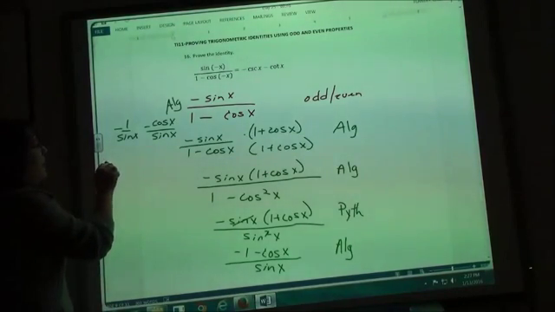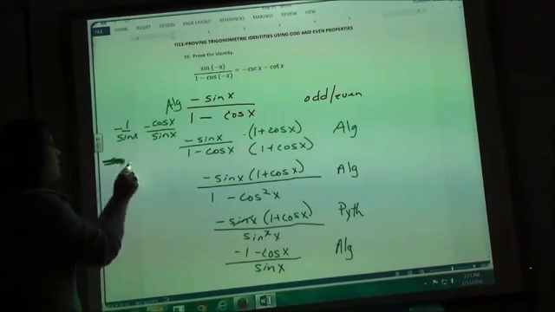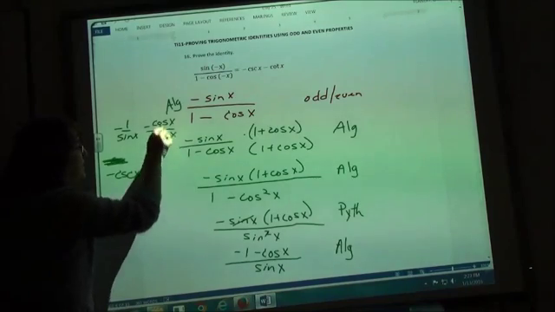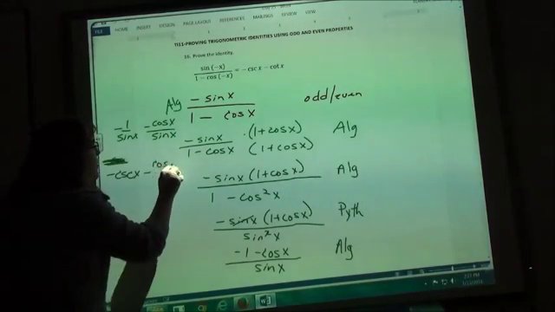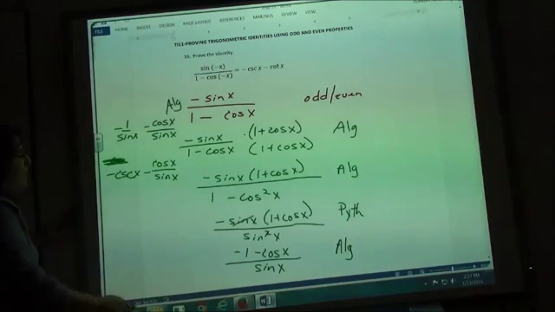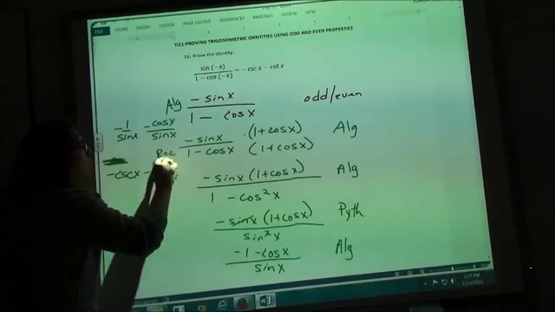So I'm going to have minus the cosecant of x. And then this is going to stay the same because unless they're both the same property, it's only going to let you do one at a time. Again, this property here was my reciprocal property.